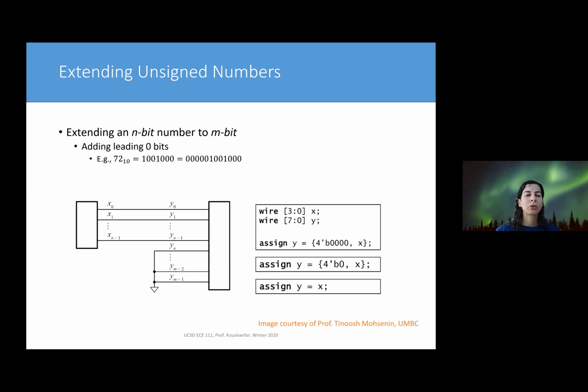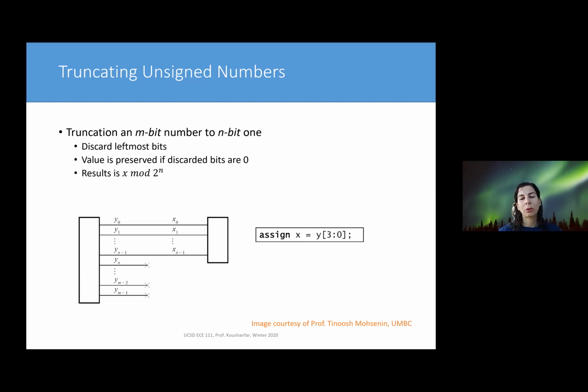In this example, say we have 8 bits and we want to assign this to 16-bit registers. We transfer these 8 least significant bits, and the most significant bits are assigned to be 0.